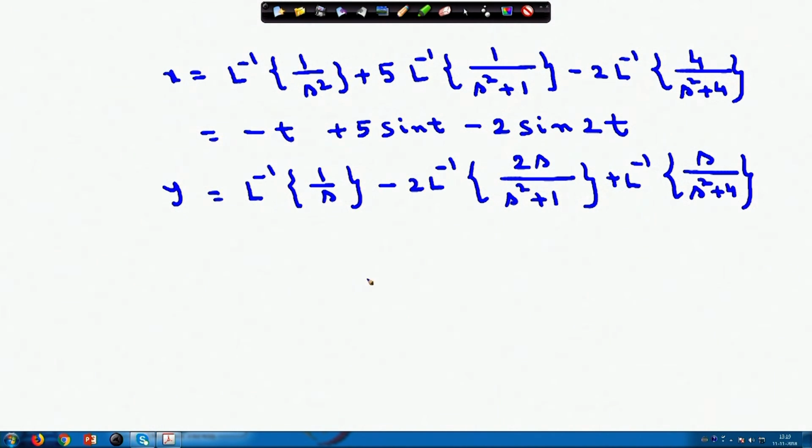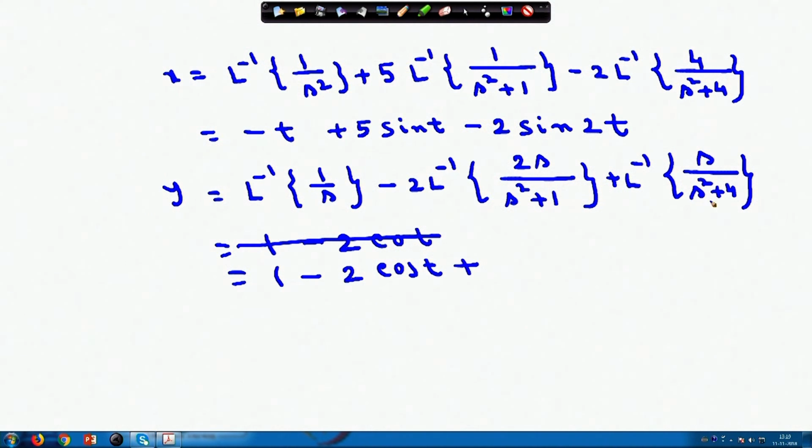Laplace inverse of 1 by s is 1, minus 2 into s by s square plus 1, which is cos of t, and plus s by s square plus 4, which is cos of 2t. So, the x value is minus t plus 5 sin t minus twice sin 2t, and y equals 1 minus 2 cos t plus cos 2t.